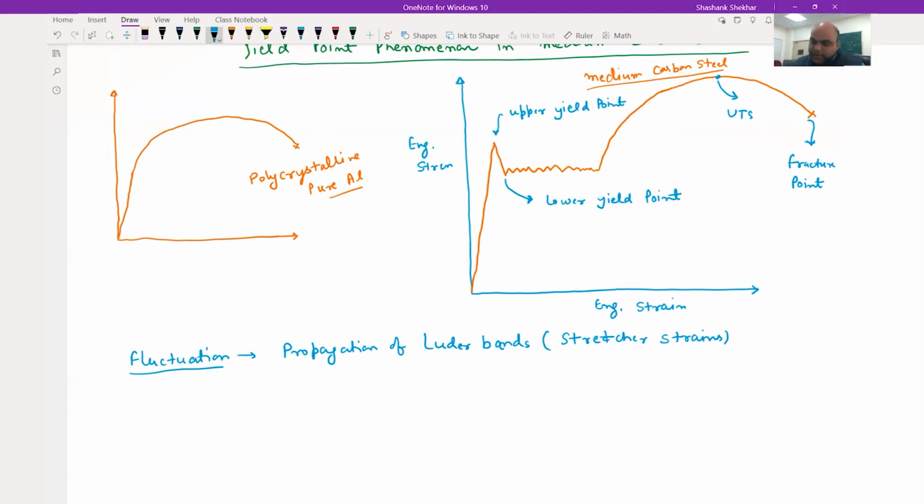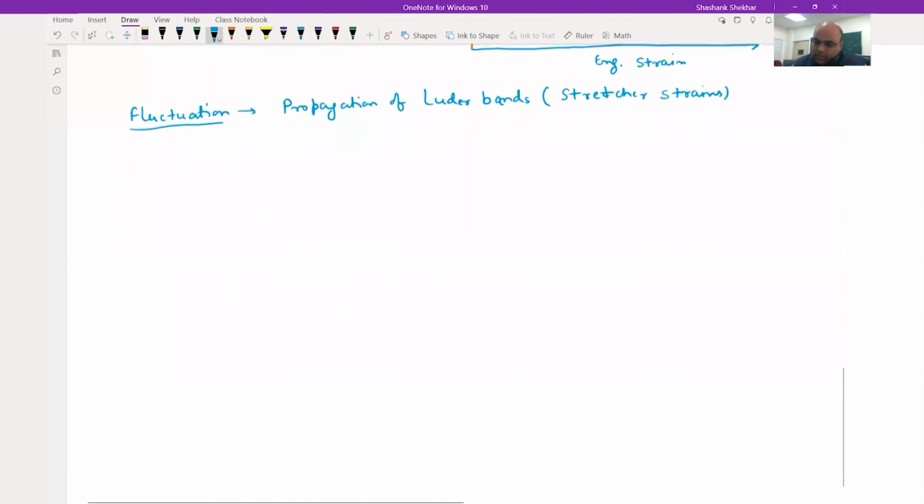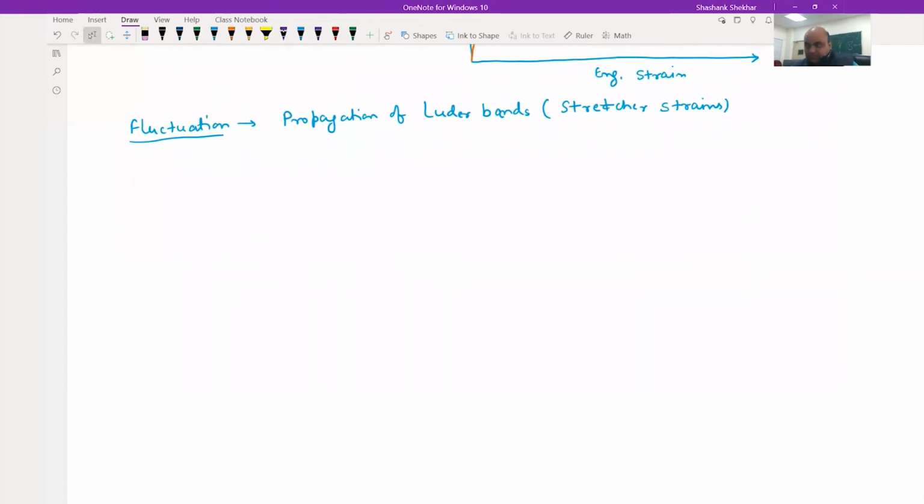Okay, so now let's understand why do we see upper yield point, then why do we see lower yield point, and then why do we have this fluctuation, and the formation of Lüders bands. Okay, so what is happening? Say you have a dislocation, right?